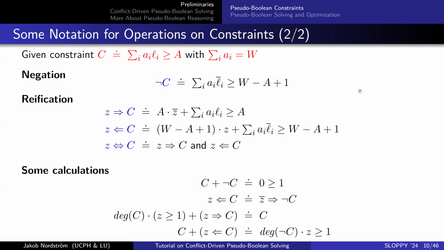Well, I can just multiply it by the degree of falsity A and sum them up, and then I will recover C. So if I know that Z implies C, and I know that Z is true, then there's a very simple syntactic manipulation that allows me to recover C. And conversely, if I know that C is true, and I know that C implies Z, and I add up these constraints, then I get that Z is true, except I multiply it by some positive coefficient.